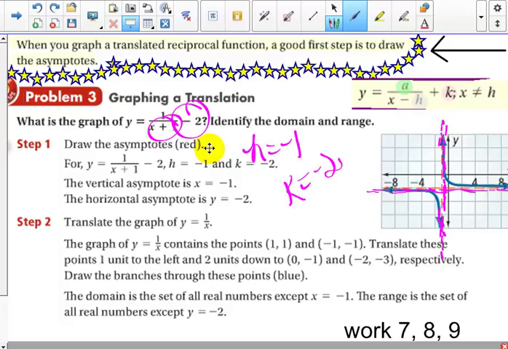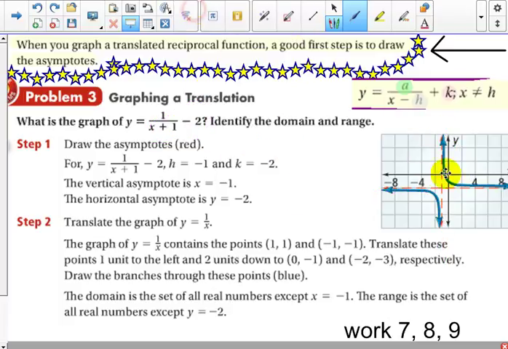So if we had the parent function, we said these are all by 2. Okay, so it'd be 1, 1, negative 1, 1, and by 4 it's really close. Here and here. So now you're just going to take each one of those points and scoot it over to the left 1 and down 2. And when you do, you'll get your new graphs, okay, in the blue.